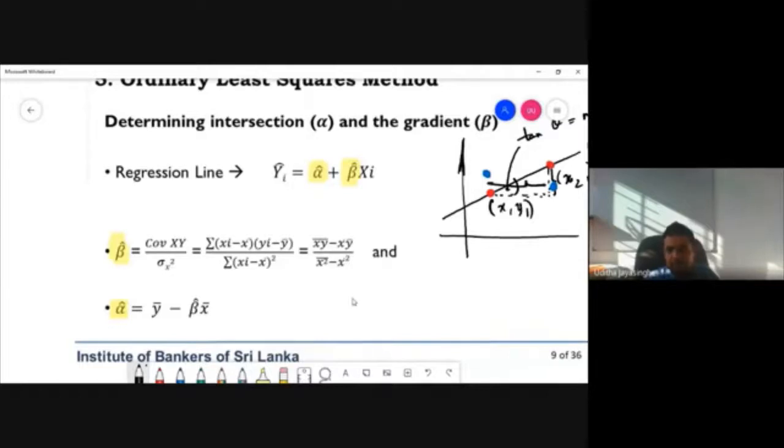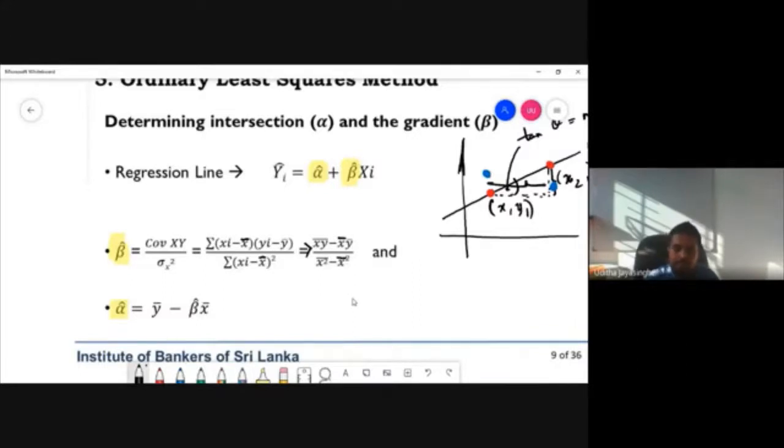The equation is sigma (xi minus x bar)(yi minus y bar) divided by sigma (xi minus x bar) squared. Or I can quote another form: the sum of xi yi minus n times x bar y bar, divided by the sum of x squared minus n times x bar squared.